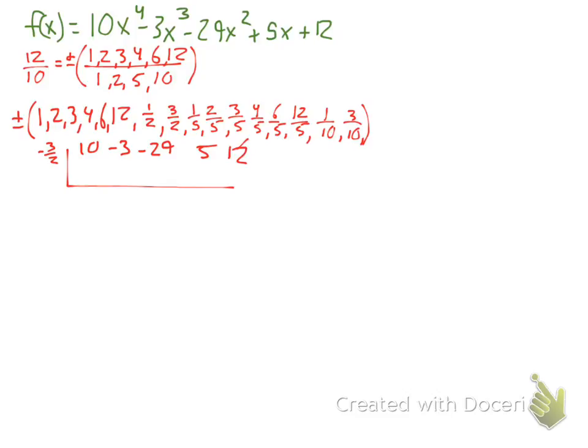Negative 1.5. Bring 10 down. Negative 1.5 times 10 is negative 15, which would be a negative 18. 1.5 times a negative 18, it's a positive. What do we get? Divide by 2, multiply by 3, it would be 9 times 3 is 27.